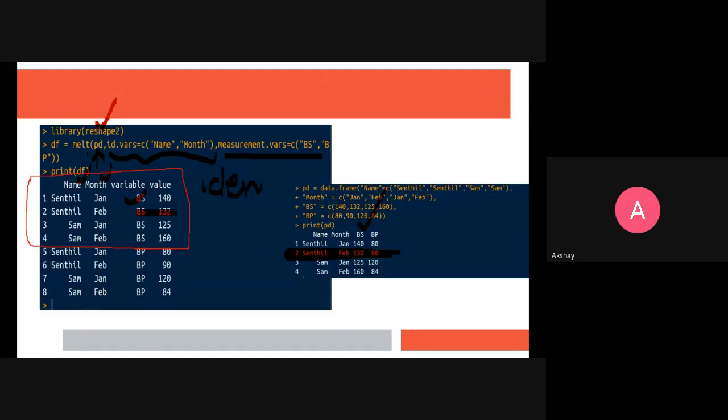And we will copy the other values, Senthil and Feb. Okay, then consider the third field. So here blood sugar value is 125. And just copy the other values, Sam and Jan.